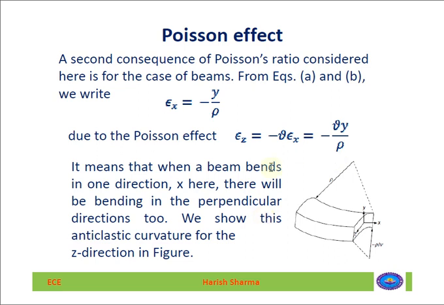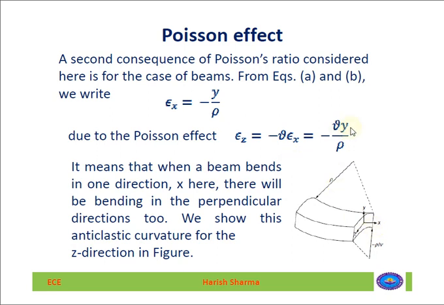So it means that when the beam is bent in one direction, that is x here, there will be bending in the perpendicular direction also, because a radius of curvature will form there too. For the x direction, the curvature is y upon rho, so the radius of curvature is rho. In the case of epsilon z, the beam will bend like this, not only in the axial direction but in the y and z directions also.